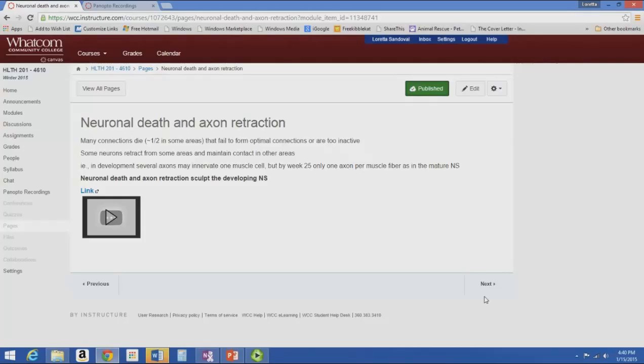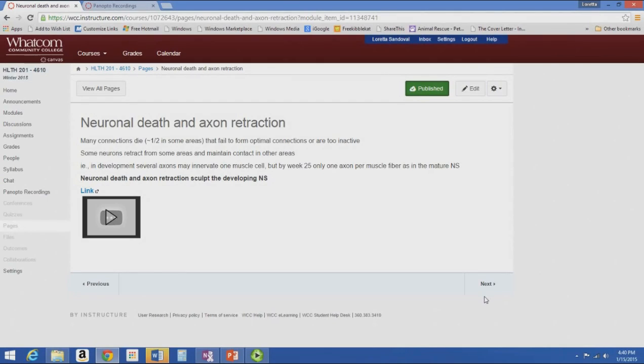So as the nervous system is developing, several axons may innervate one muscle cell. But by week 25 in development, there's only one axon per muscle fiber, and that's how it ends up in the mature nervous system. So neuronal death and axon retraction are what sculpt the developing nervous system.